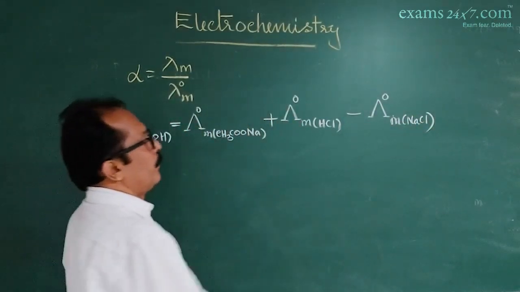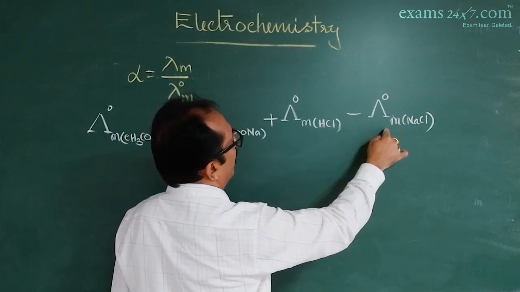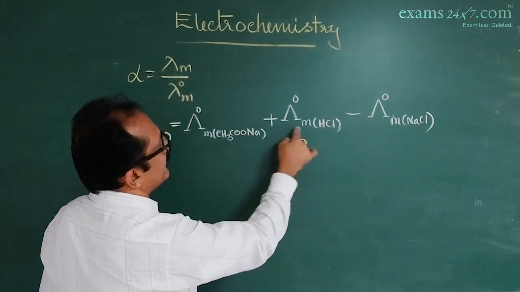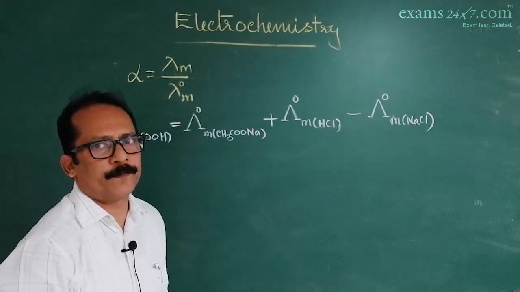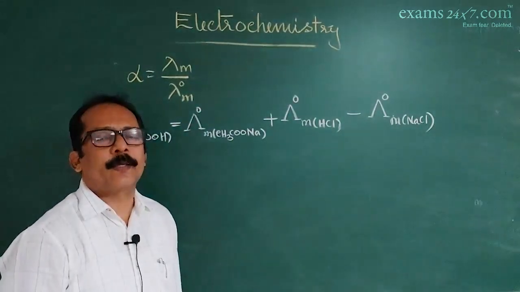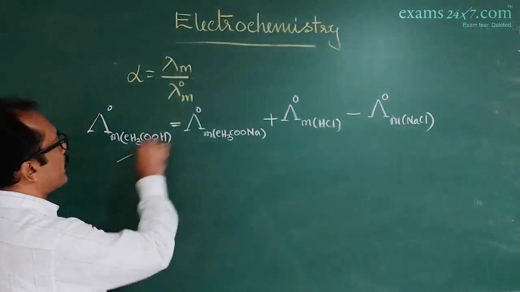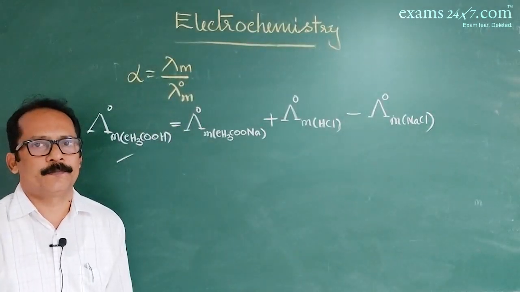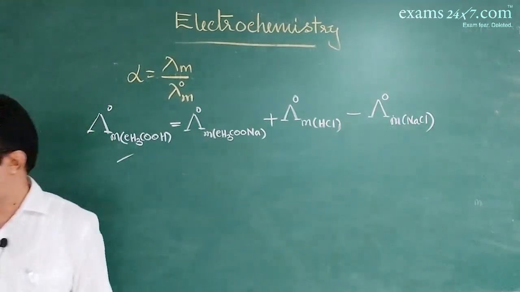Here the Na plus ion and Cl minus ion get cancelled. The remaining are the acetate ion and the H plus ion. So by knowing this, we can calculate the molar conductivity of acetic acid at infinite dilution. Okay, so this is about Kohlrausch's law.